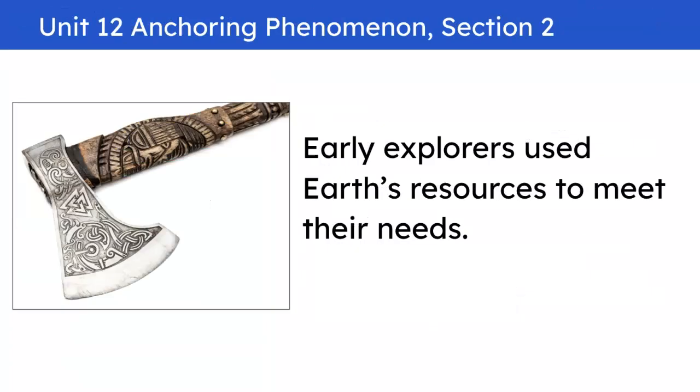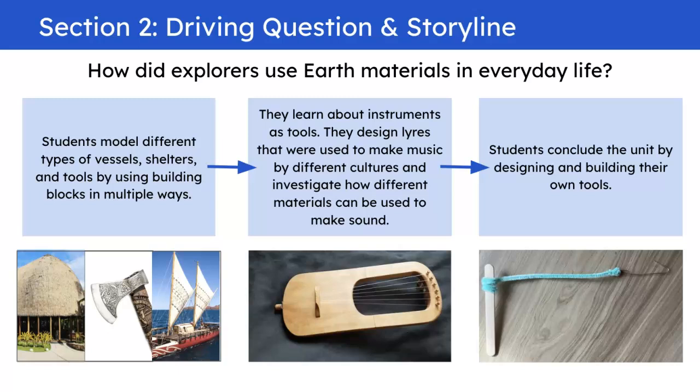The anchoring phenomenon for Section 2 is early explorers used Earth's resources to meet their needs. The driving question for Section 2 is how did early explorers use Earth materials in everyday life? In this section, students connect to the anchoring phenomenon by modeling different types of vessels, shelters, and tools to explain how early explorers traveled the world and survived in the locations they traveled to.